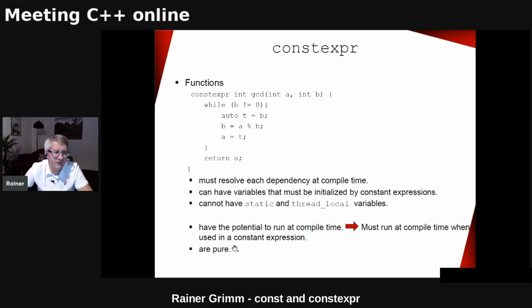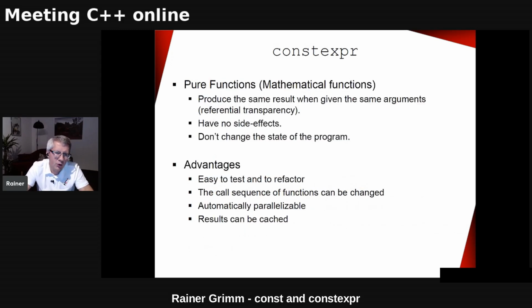Here's an additional observation. These functions are pure. What does pure mean? Pure, you know, maybe from Haskell, a pure functional language. You may also know it from template metaprogramming because it's a pure functional language embedded in the imperative language C++.